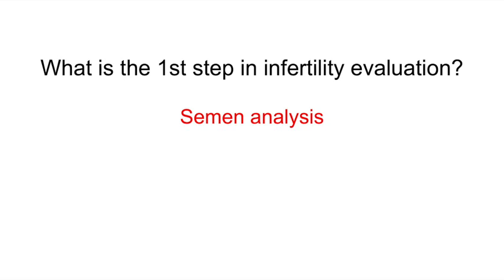You can also assess their ovarian reserve by doing a day 3 FSH and estradiol levels. You can also do a clomiphene citrate challenge test, antral follicle count, and anti-Mullerian hormone. You can also assess the fallopian tube patency by doing a hysterosalpingogram, and you can also do a uterine cavity evaluation through a sonohysterogram.